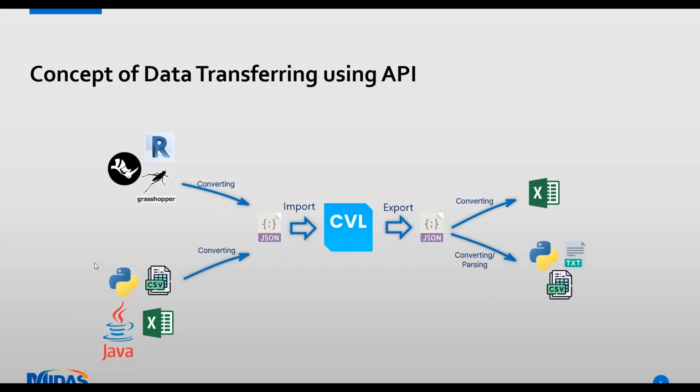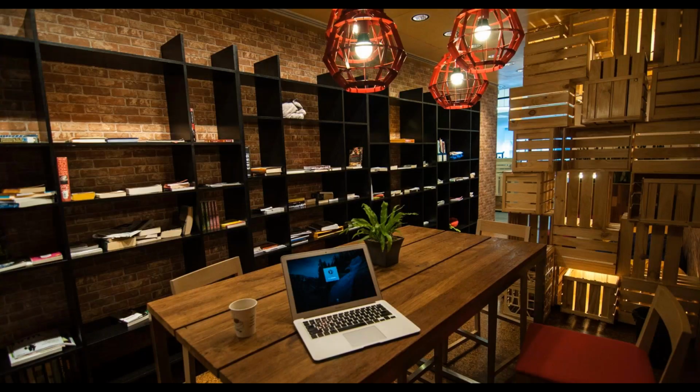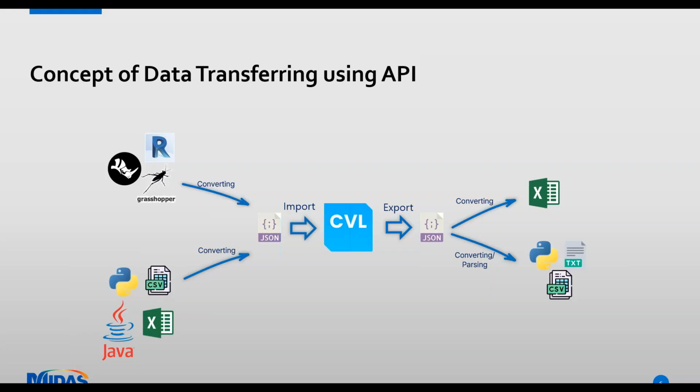Which means MIDAS can import data and scripts from all these software by using different languages, and with the same mechanism, like the JSON format here, it is possible to convert to these other languages as well.